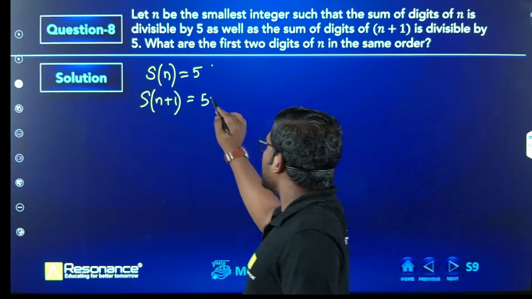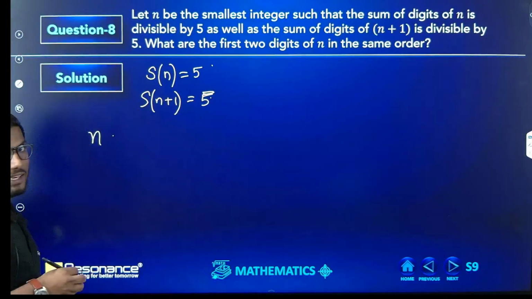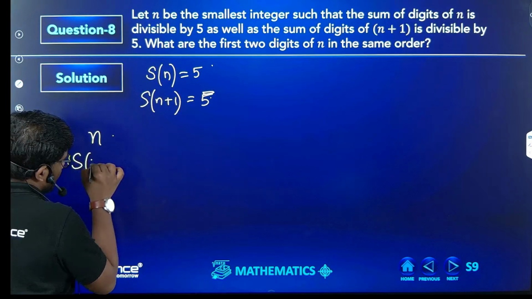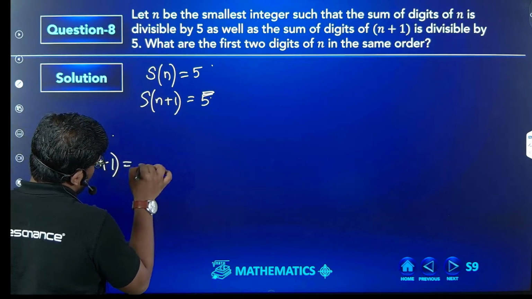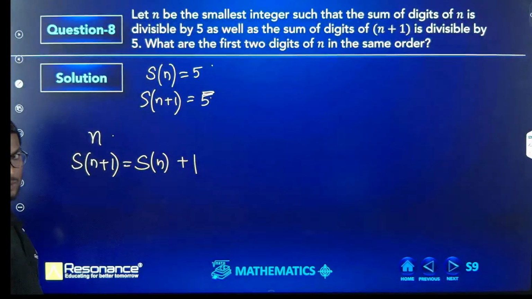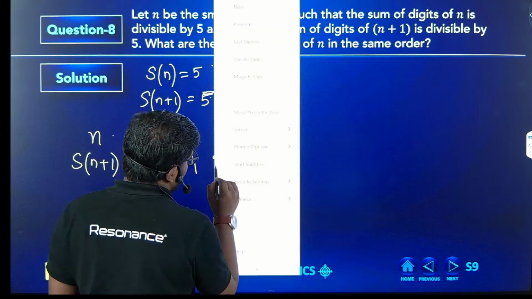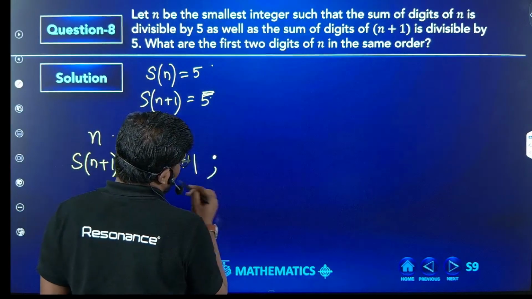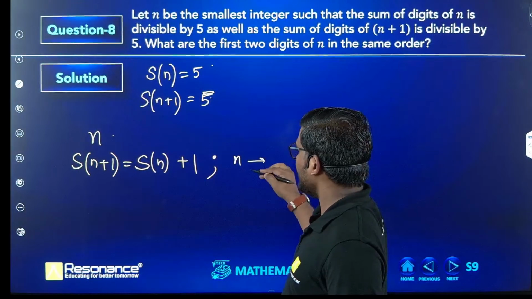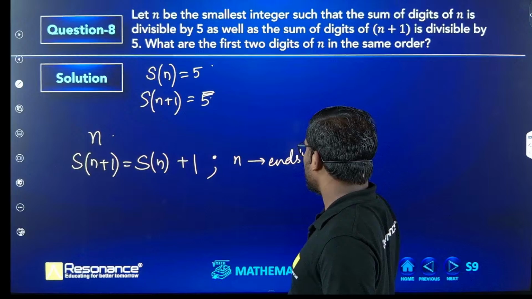Now I'd like to remind you that for any integer n, the sum of digits of n plus 1 is the sum of digits of n plus 1. This holds good, except when n ends with 9.